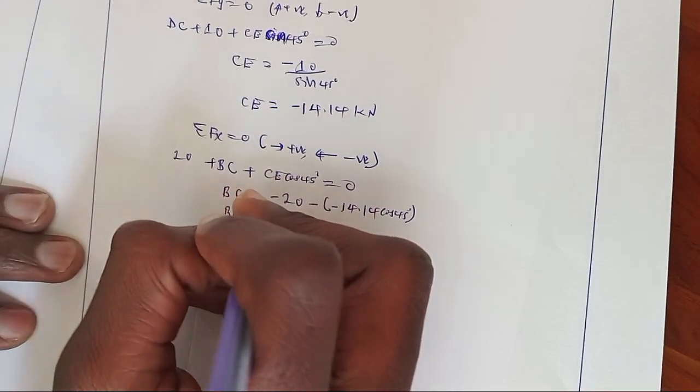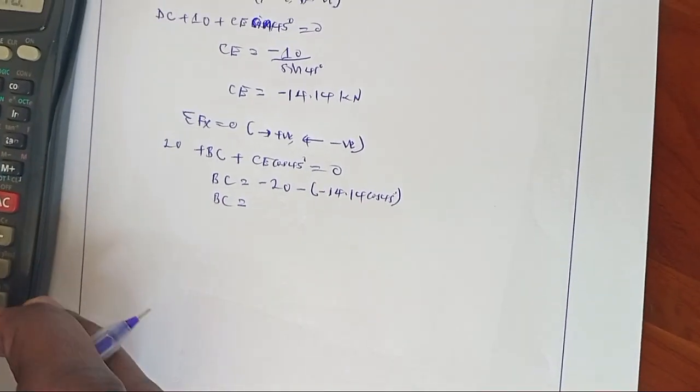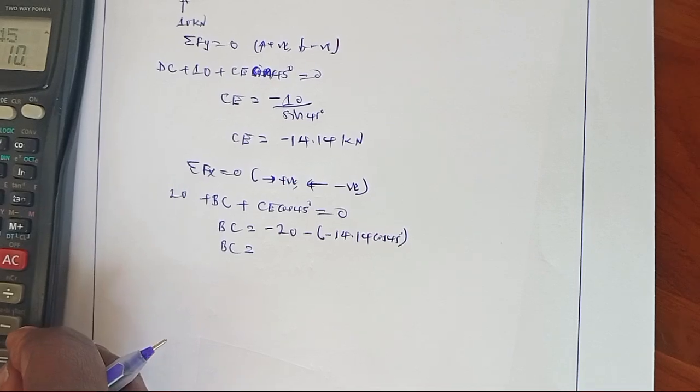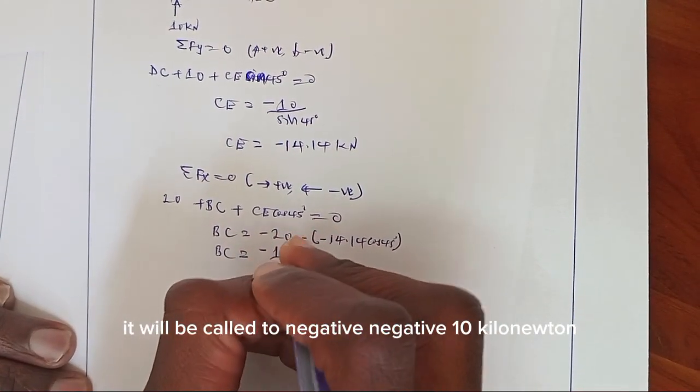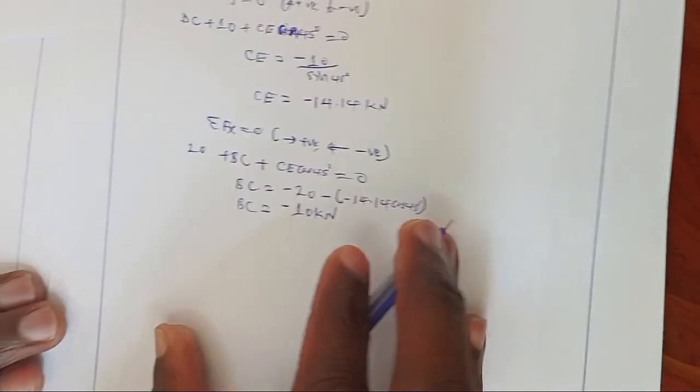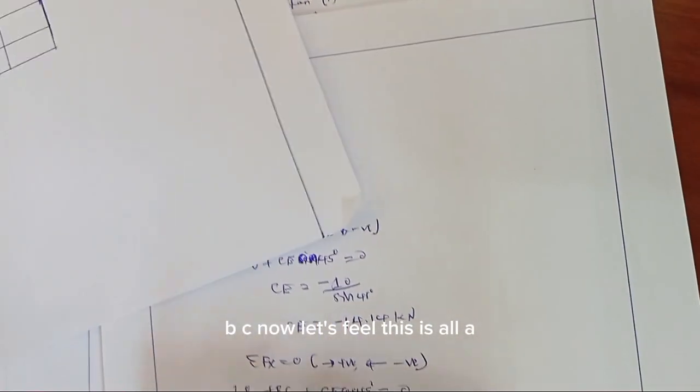Now BC will be equal to negative 10 kilonewton. Now let's fill in all these normal forces due to applied load.